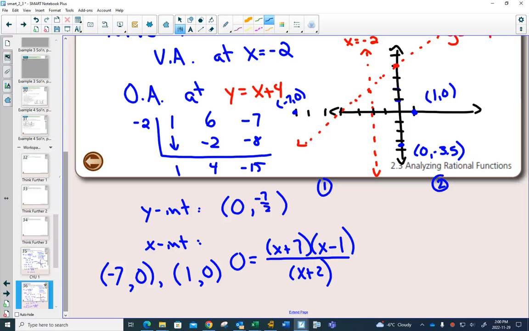All you have to do to draw the graph is make your graph go towards the asymptotes. This one here will go towards the asymptote here, and will go towards the asymptote there. It's really kind of awkward. But that's enough to draw this graph. It's a weird looking graph, definitely. Okay?